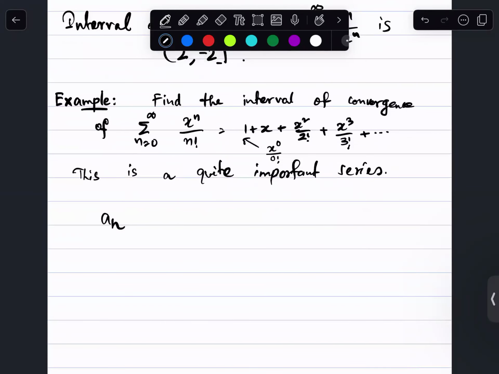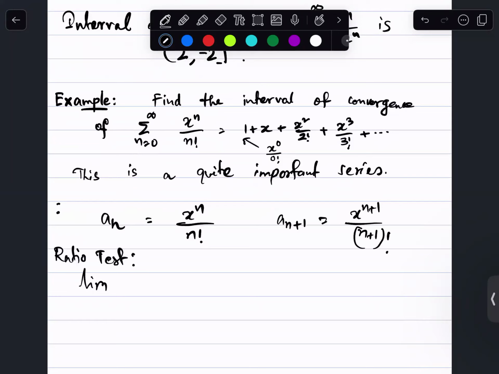Okay, so now a similar thing. I will take an to be x to the n over n factorial, the term of the series. And then an plus 1 will be x to the n plus 1 over n plus 1 factorial. Then again, the ratio test. Take limit n tends to infinity, modulus of an plus 1 over an. If I do the calculation, I'll get limit n tends to infinity modulus of x over n plus 1.